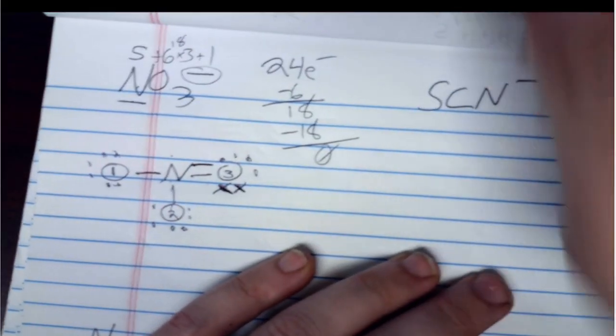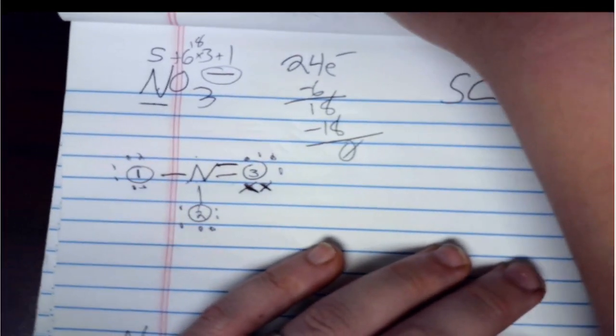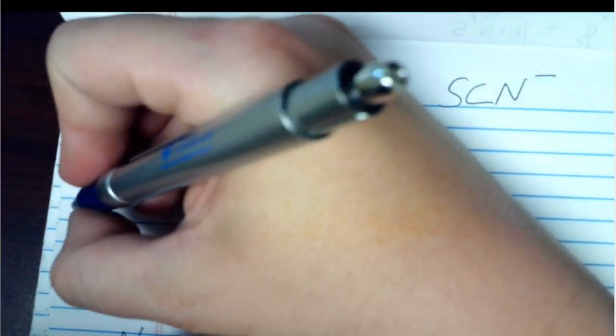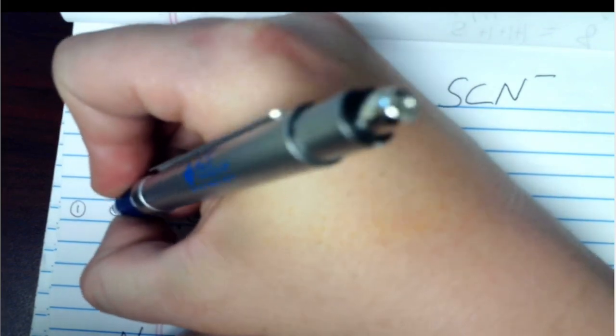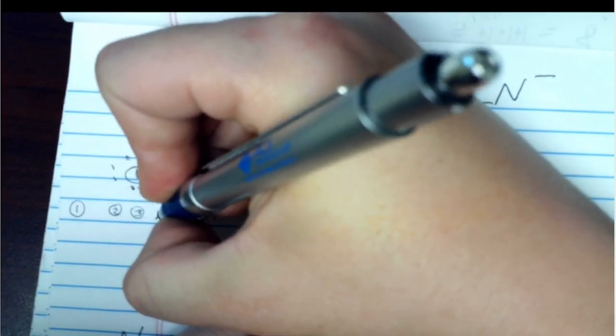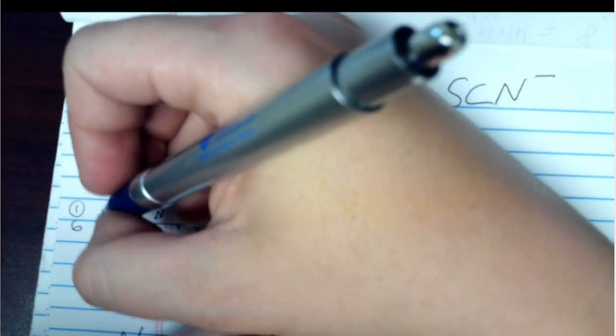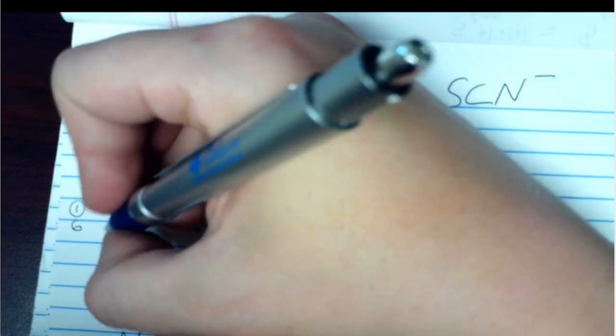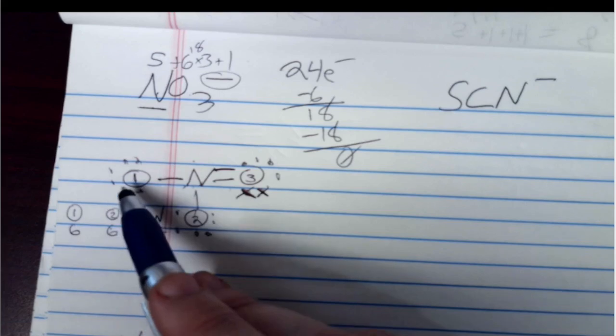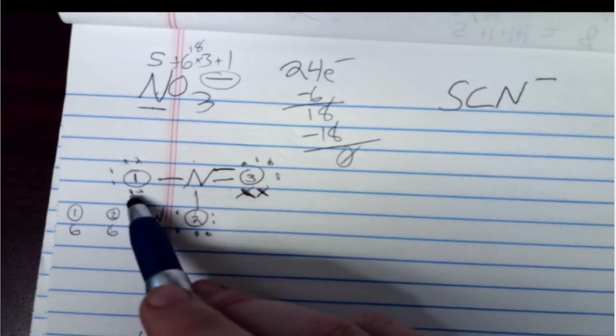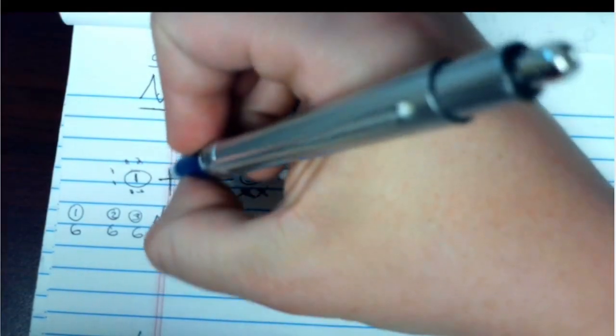Now I'm going to call that O1, O2, O3. Now let's look at the formal charges of this structure. We have O1, O2, O3, and then N. There should be 6, 6, 6, and 5. Now, O1 has 1, 2, 3, 4, 5, 6, 7.